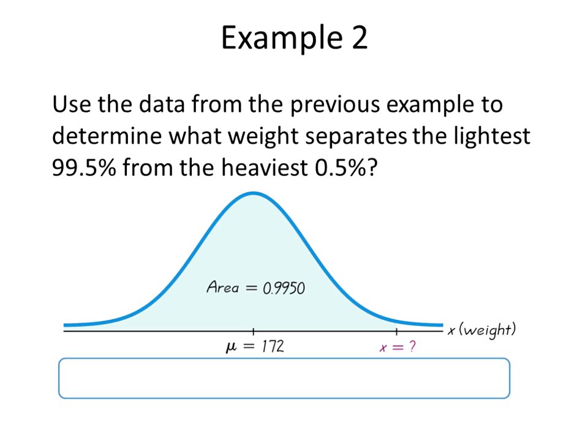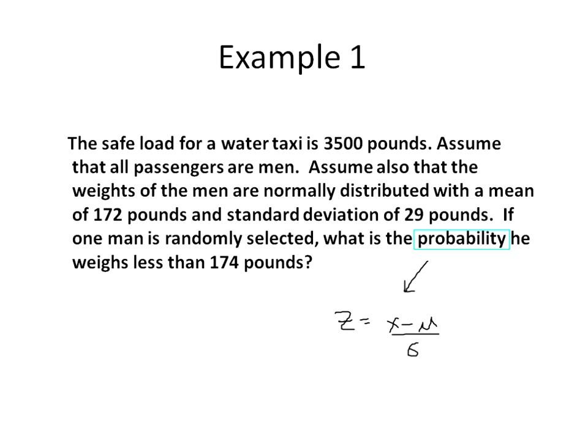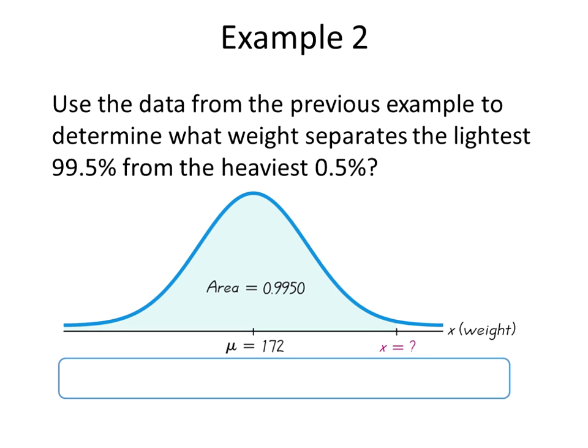So I'm going to go back and get the mean and the standard deviation from example 1. Let me write it up here. The mean was 172 and the standard deviation is 29. I'm just using the same mean and standard deviation for example 2.